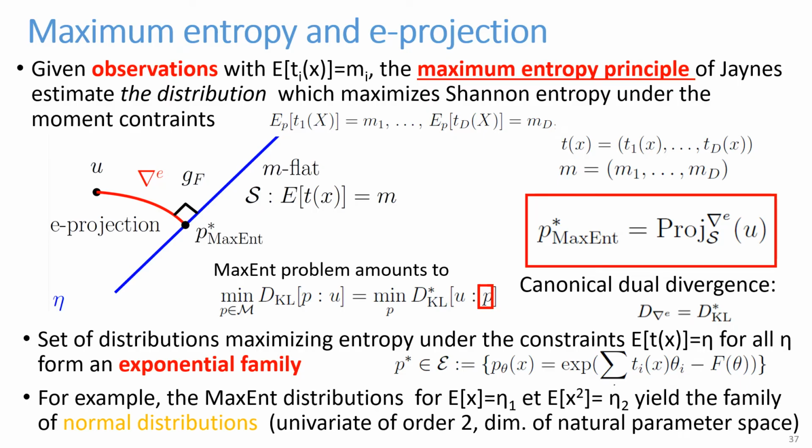This maximum entropy problem amounts to minimizing the reverse Kullback-Leibler divergence of a uniform distribution to the M-flat of distributions satisfying the constraints. The set of constraints defines an M-flat, and by projecting the uniform distribution along an E geodesic on this M-flat, we get the distribution with maximum entropy. For example, the maximum entropy distribution with prescribed first and second order moments yields the family of normal distributions.